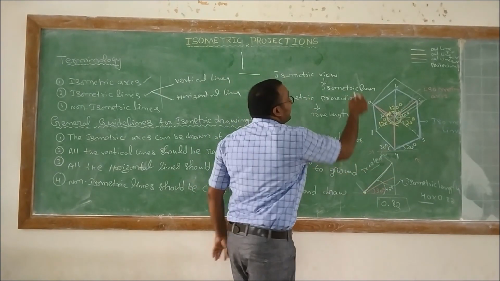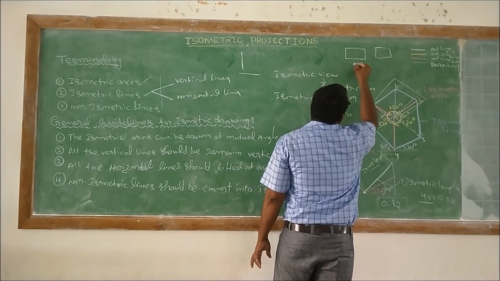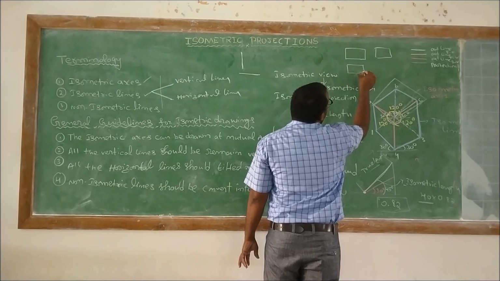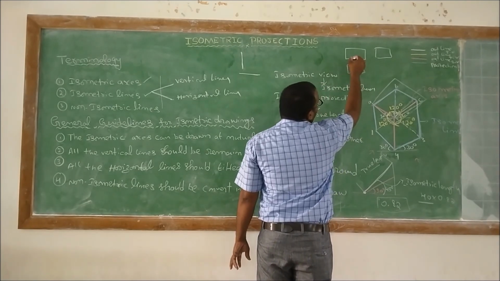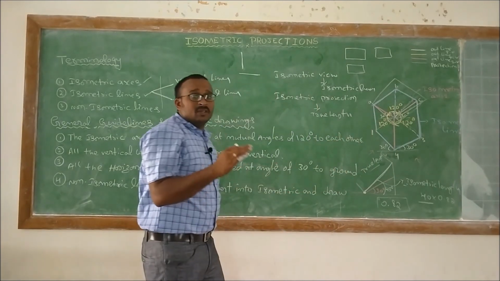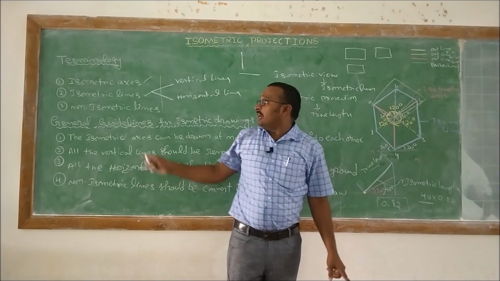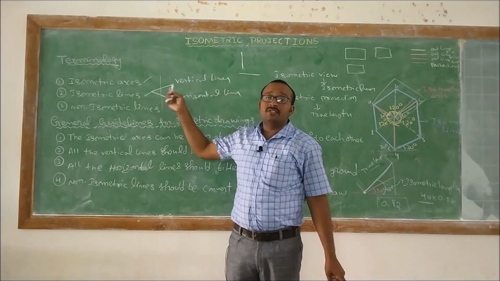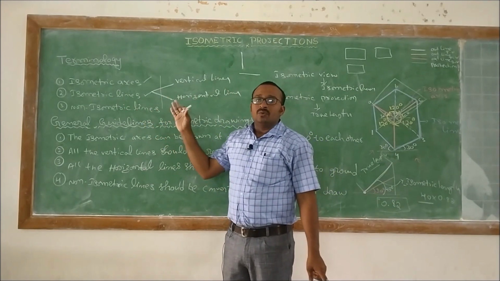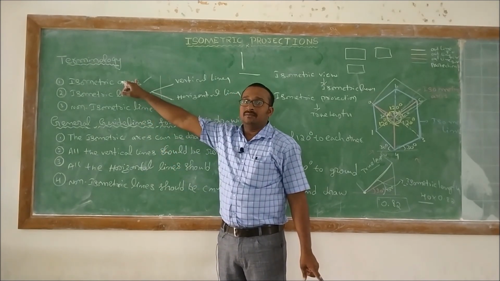So here you can see the three axes. Based on that, horizontal lines and vertical lines are parallel to all three isometric axes. That's why we call them isometric lines. Isometric lines are nothing but the lines which are parallel to the isometric axes.